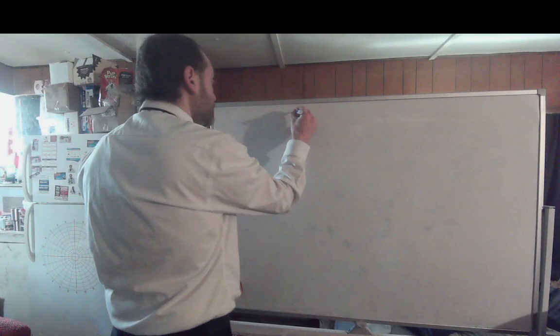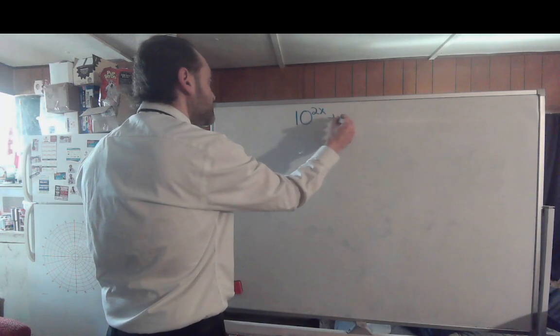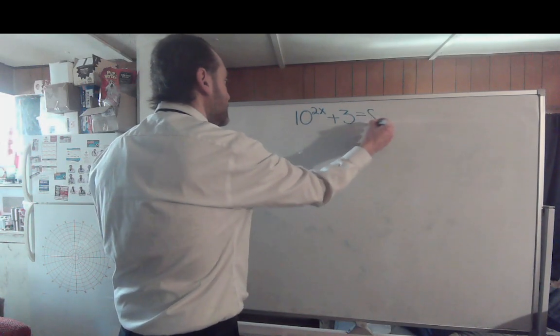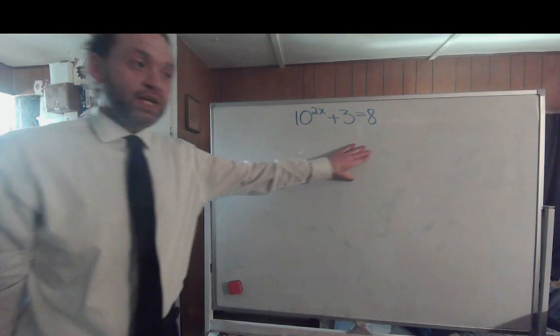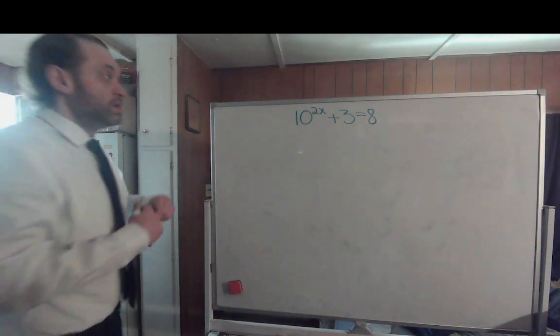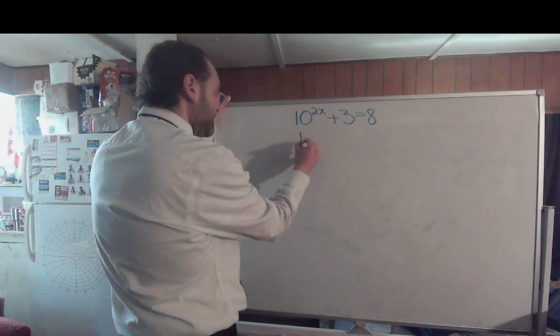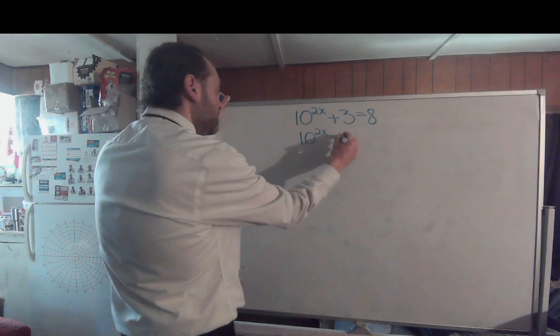Okay, we have 10 to the 2x plus 3 equals 8. We want to get that 10 to the 2x by itself, right? So subtract 3 from both sides, and you should get 10 to the 2x is equal to 5.